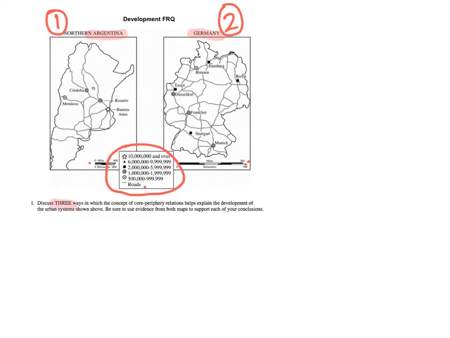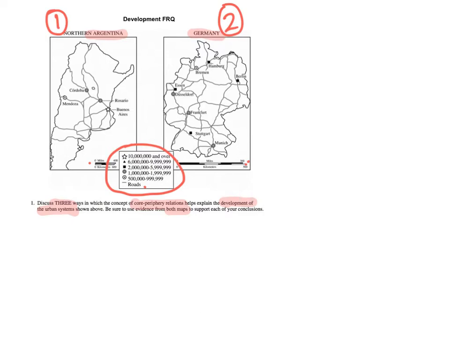Discuss three ways in which the concept of core-periphery relations helps explain the development of the urban systems shown above. Be sure to use evidence from both maps, which I already knew I was going to have to, right, to support each of your conclusions.